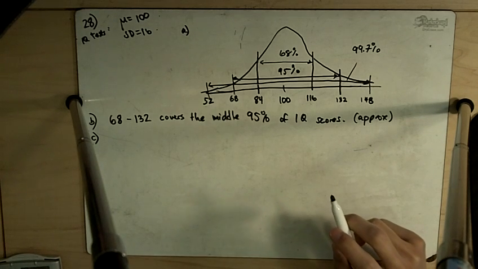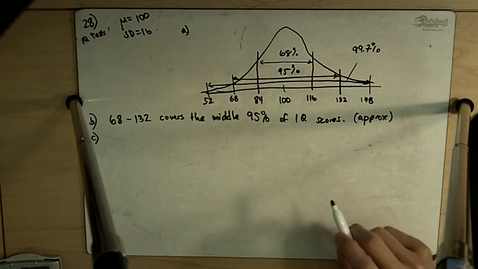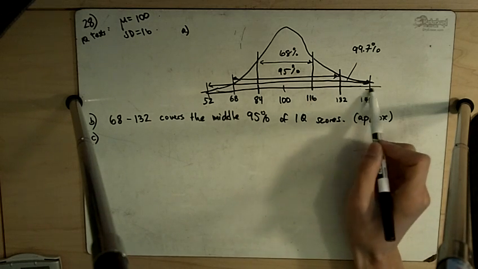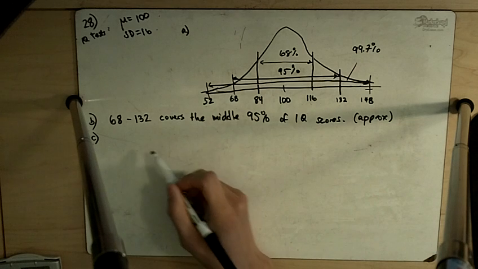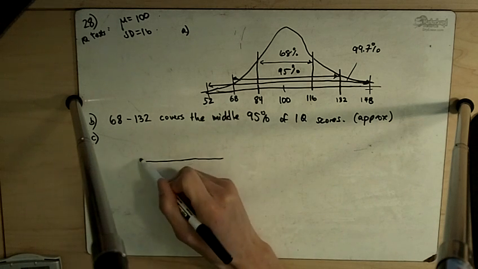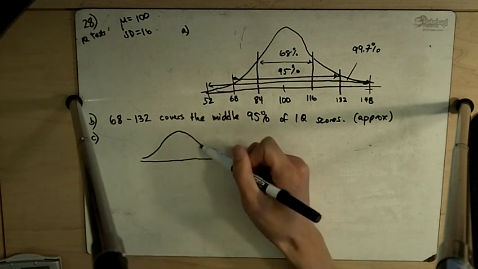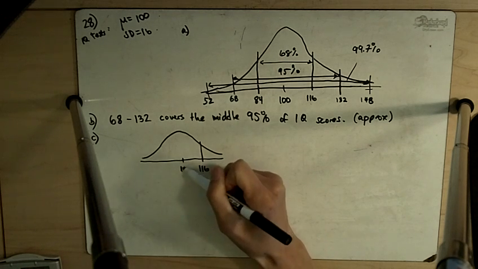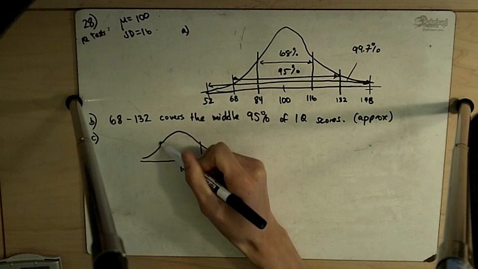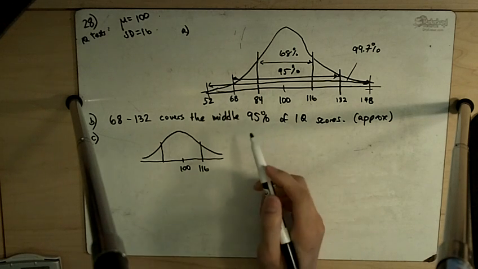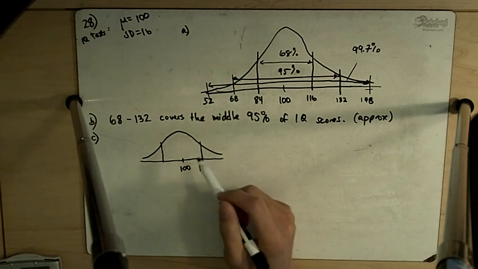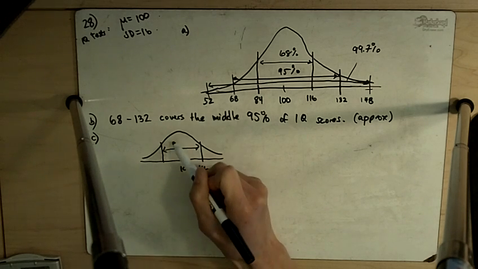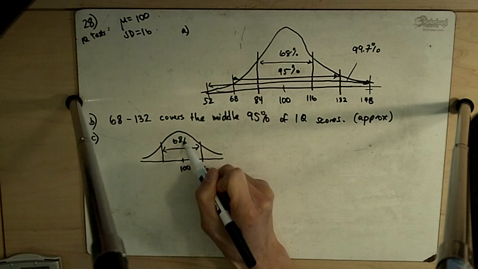C says, about what percent of people should have IQ scores above 116? So we want to know what percentage of people have IQ scores above 116. So here, I'm going to just redraw this, and we're at 100 here. By the 68, 95, 99.7 rule, we know that the middle part covers 68%.